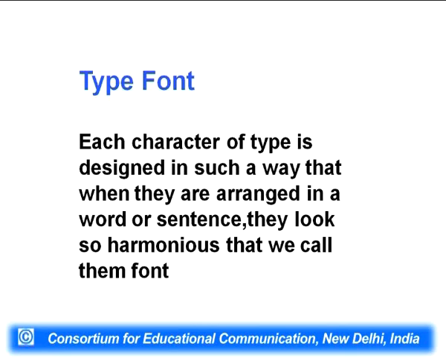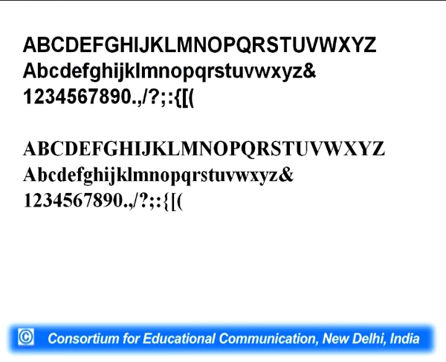See this example of the font. The top one is a particular font and the second one is a particular font. You cannot mix them. If you mix them, then we call it a wrong font. That means it is not going with the other one.